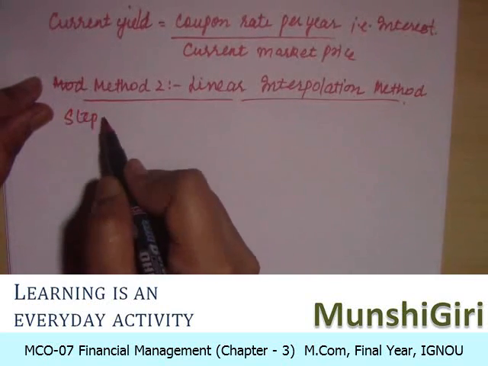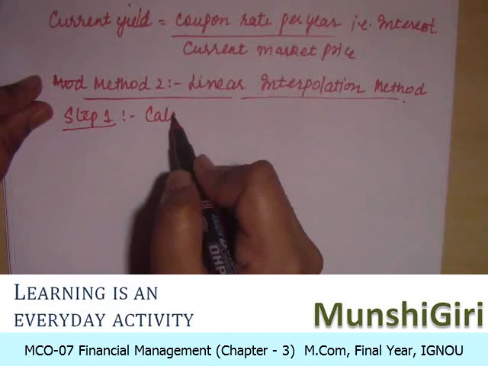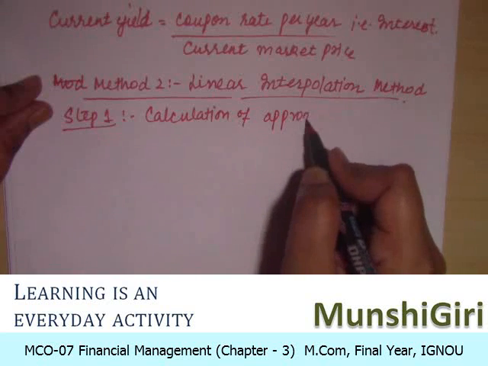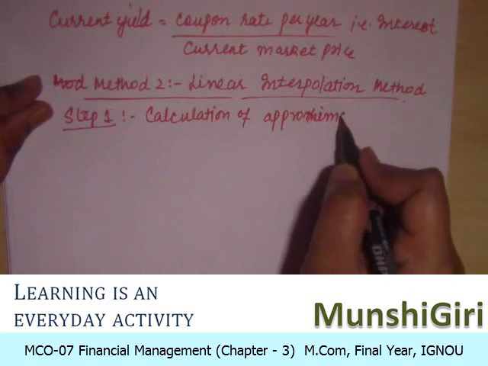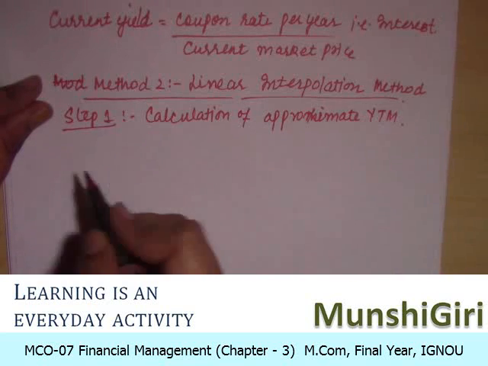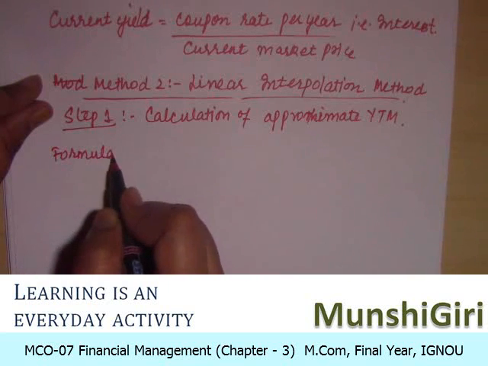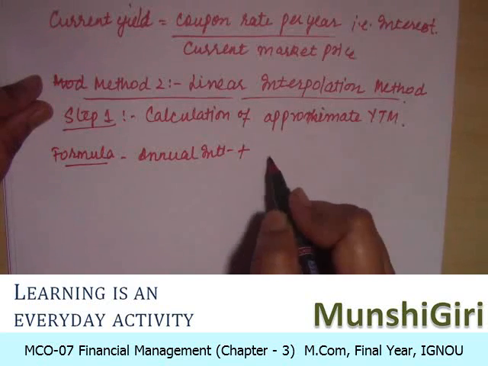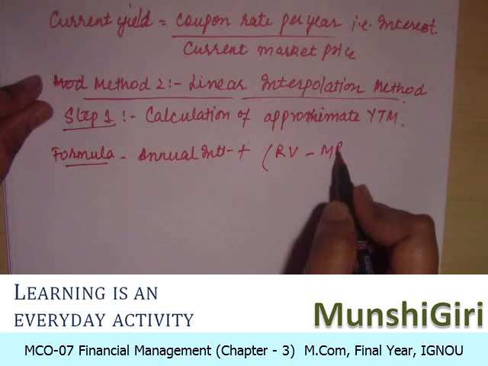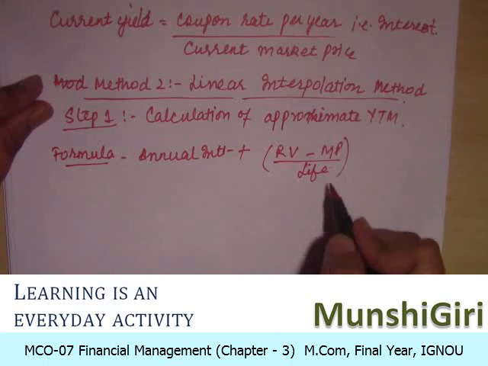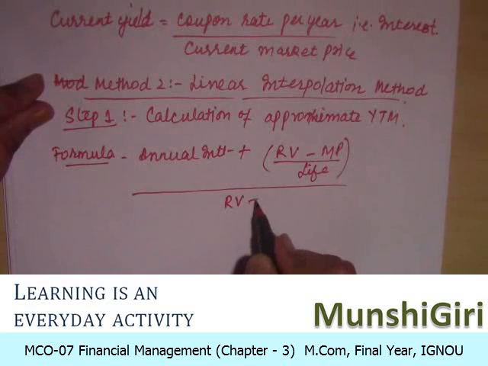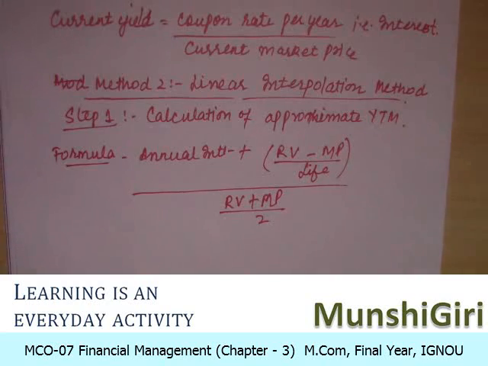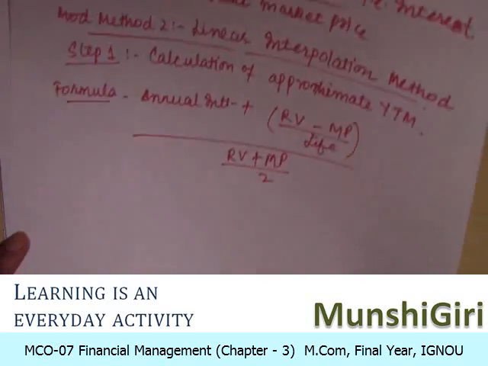Step 1 is calculation of approximate YTM. The formula for that is annual interest plus redeemable value minus market price divided by life, and the whole thing is to be divided by redeemable value plus market price divided by 2.